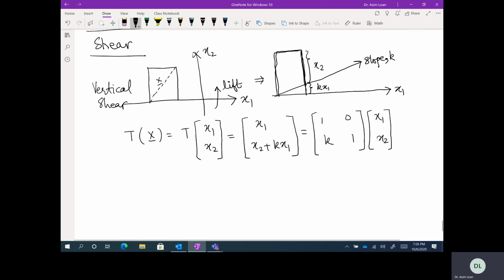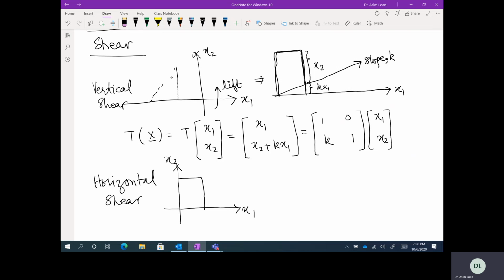And similarly, for horizontal shear, you can go home and calculate. So for the horizontal shear, this will be this thing. So this is x1, this is x2. Maybe I draw it on this side.